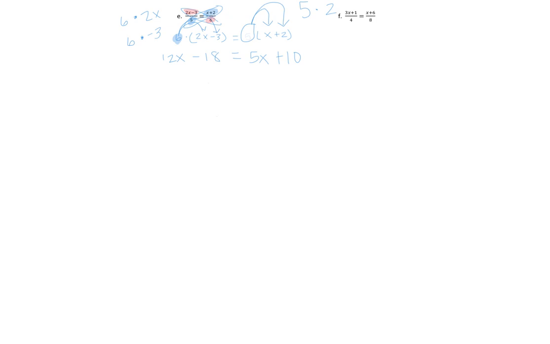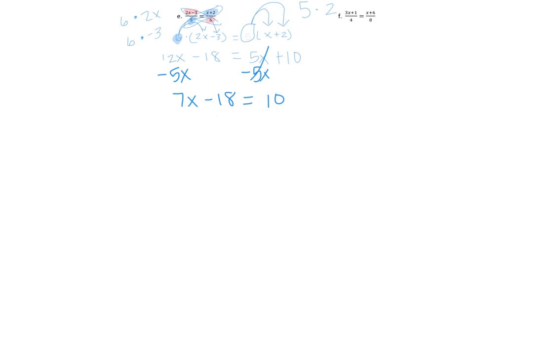So I'm going to subtract 5x on both sides, and I put it right underneath the other x. So I'm doing 12x minus 5x. Go to your calculator, subtract 12 minus 5, and you'll get 7x. And then I'm going to bring down what I haven't used, so that negative 18 equals, and that 10 hasn't been used, so 10.